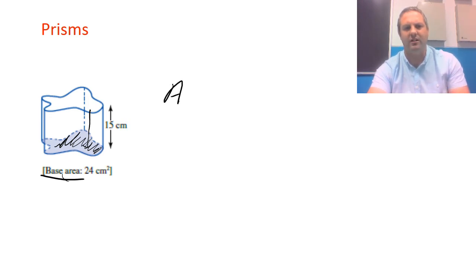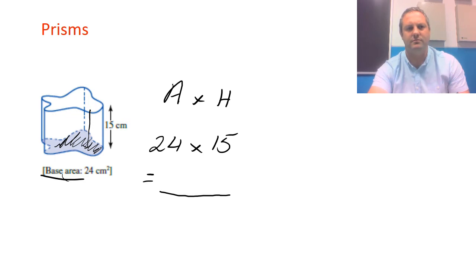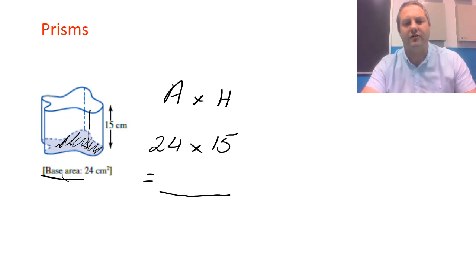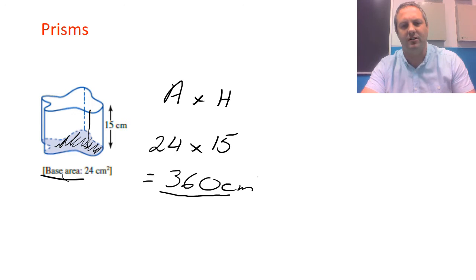So you've got area times height, which in this case is 24 times 15. When you multiply those two together, you get your answer. Okay, I'll let you work that one out. So after a bit of time, you should be able to work out 24 times 15. You're going to have the answer 360 centimeters cubed.